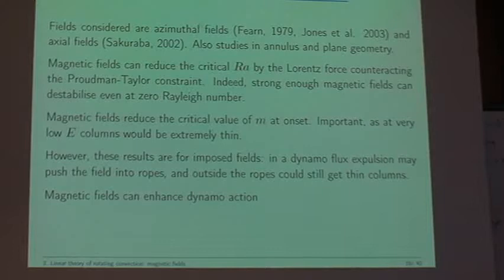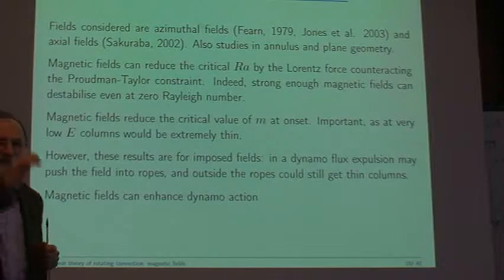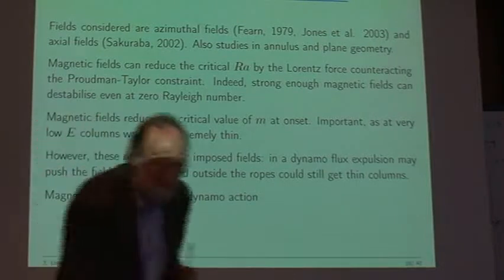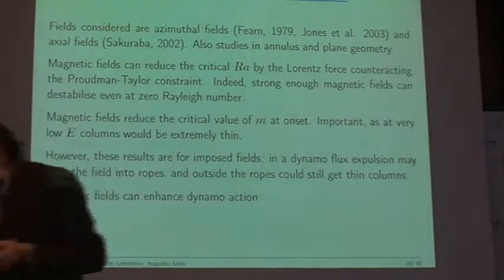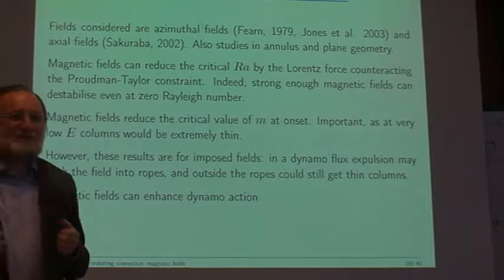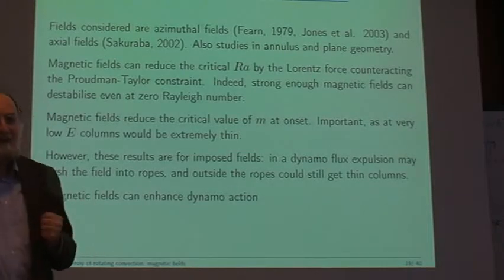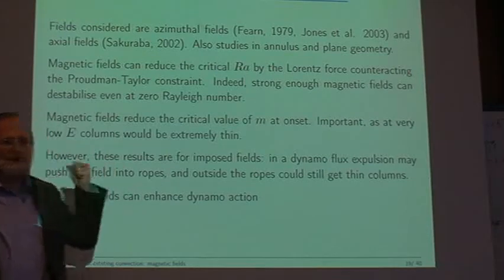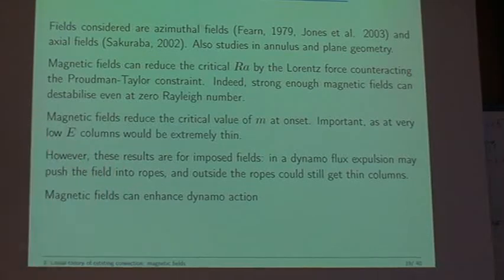Probably most of you would think it's called the Taylor-Proudman constraint, because that's been the usual way around for a long time. And a few years ago I was talking to Raymond Hide, and Raymond Hide pointed out to me that actually Proudman's work was first, Taylor's work was second, so it should really be Proudman-Taylor, but there's more to it than that. I'll just tell you this story because it's quite instructive.